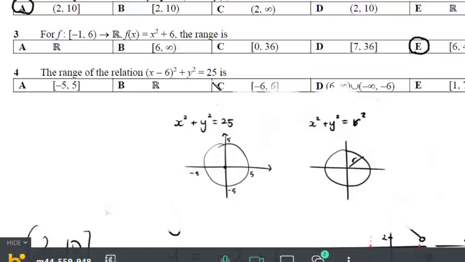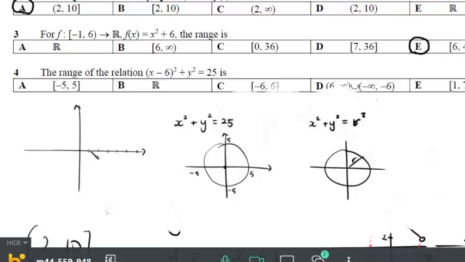So I can draw this really easily. It has gone to the right 1, 2, 3, 4, 5, 6, and it's got a radius of 5: 1, 2, 3, 4, 5.